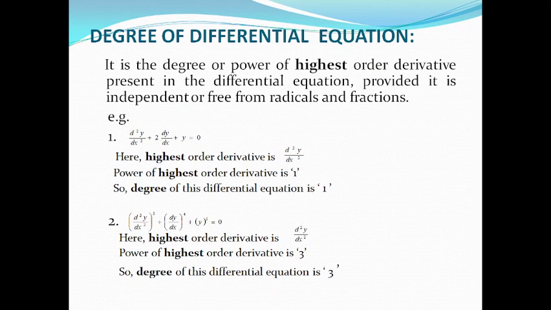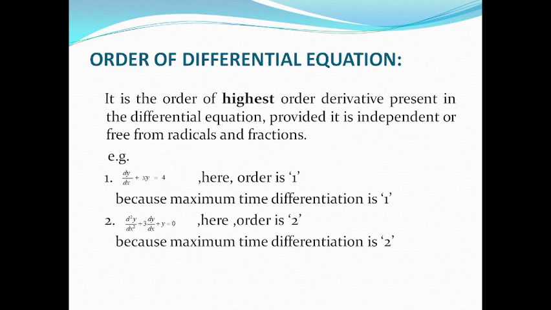Now, to get the degree of a differential equation, first we find the order of the differential equation. The order of a differential equation is the order of the highest order derivative present in the differential equation, provided it is free from radicals or fractions. For example, dy/dx + xy = 4. Here y, the dependent variable, is differentiated once, so the order of the differential equation is 1.